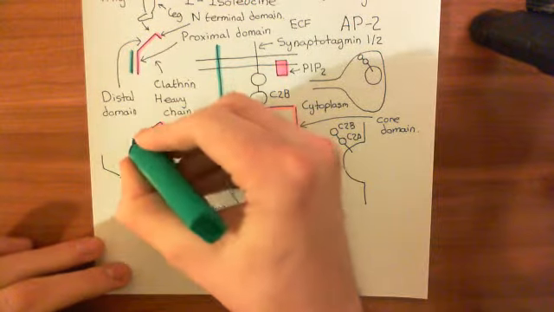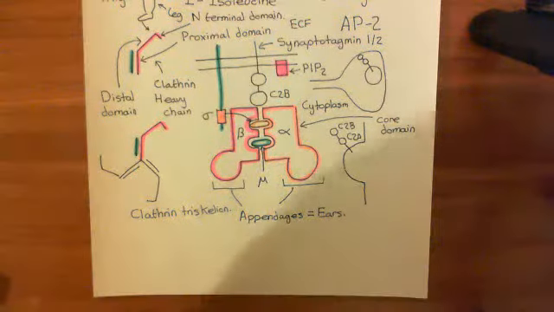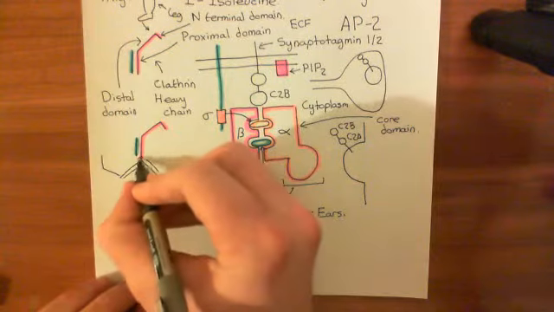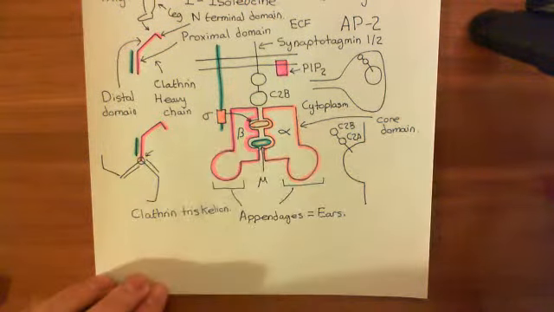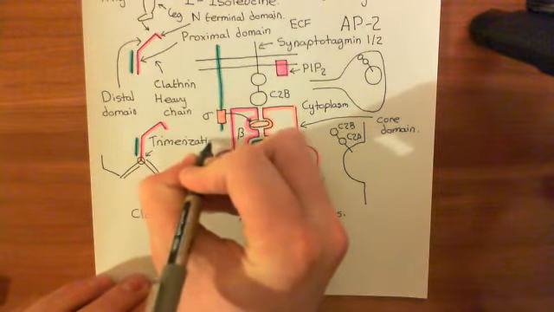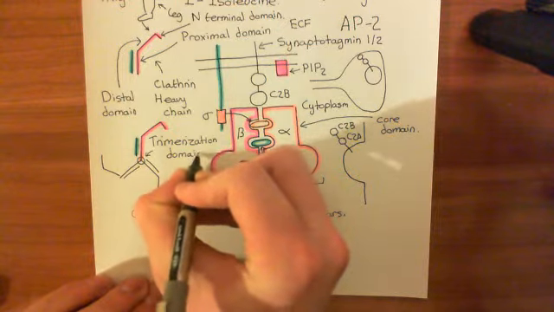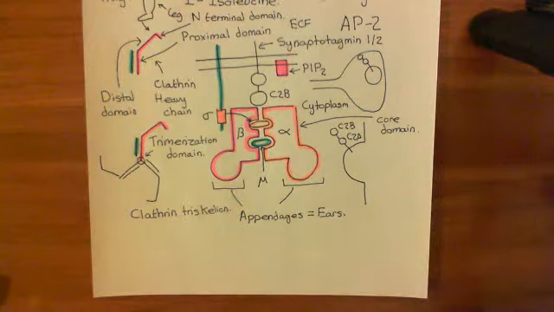So you have clathrin heavy chains with their light chains assembled into these trimers, and this central bit of the clathrin heavy chain, which is responsible for the trimerization, is known as the trimerization domain. Each of the clathrin heavy chains contributes a portion to bind the three clathrin heavy chains together in this trimerization domain.